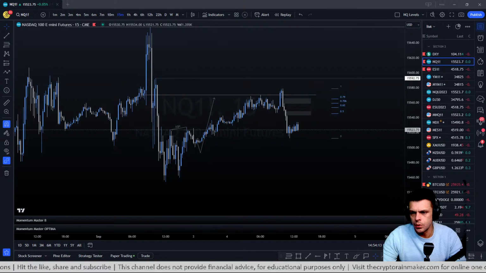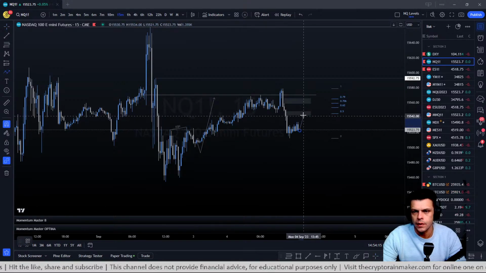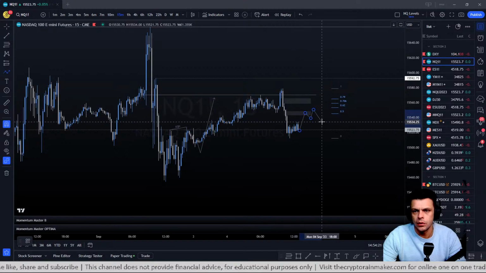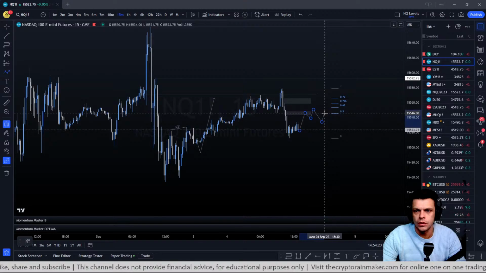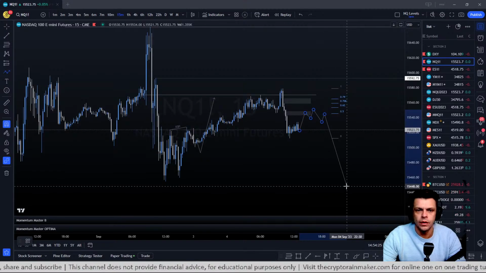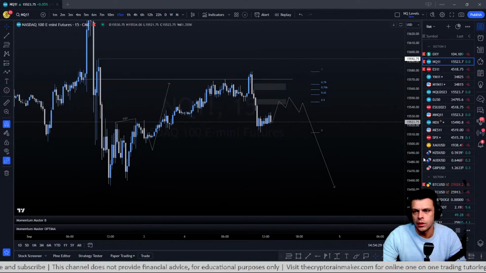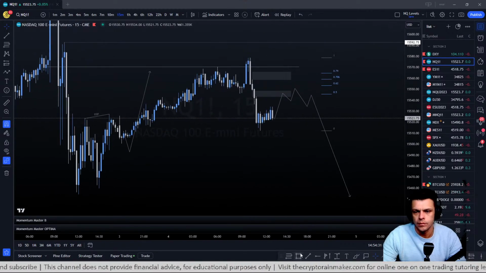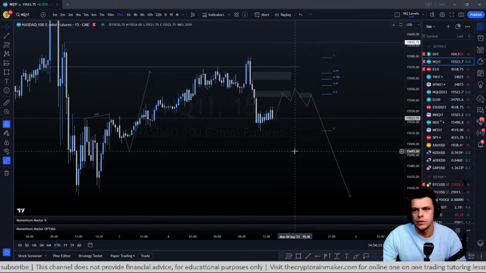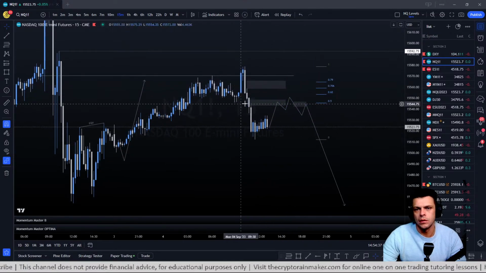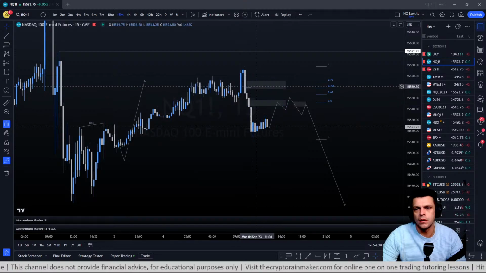So let's quickly put a path tool on this. So once we get into this area, we are going to be looking for that market structure shift, retrace into the fair value gap, and then run it towards that liquidity right there. Something like this. So this could potentially either happen in this area or in that area right there.